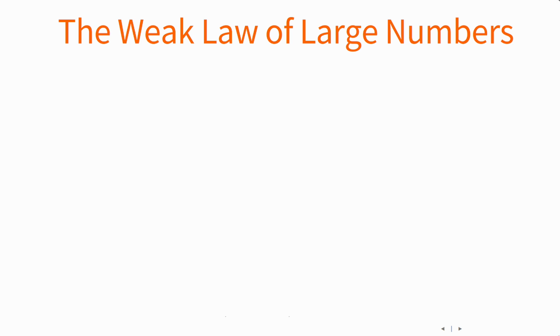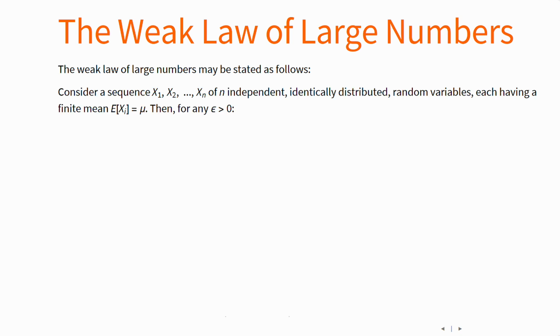Okay, now for the main theorem. The weak law of large numbers can be stated as follows: for a sequence of n independent, identically distributed random variables, each having a finite mean mu, the probability of the average of the sequence minus the mean being greater than or equal to epsilon tends to zero as the sequence grows.